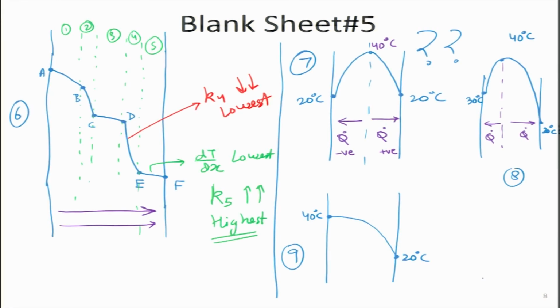Now, case 9 is very interesting because the way it has been drawn is that this angle is 90 degrees. So, this line starts out, the temperature profile starts out perpendicular to the wall. So, if the wall is like this, the temperature profile is starting perpendicular and then it tapers down over here.